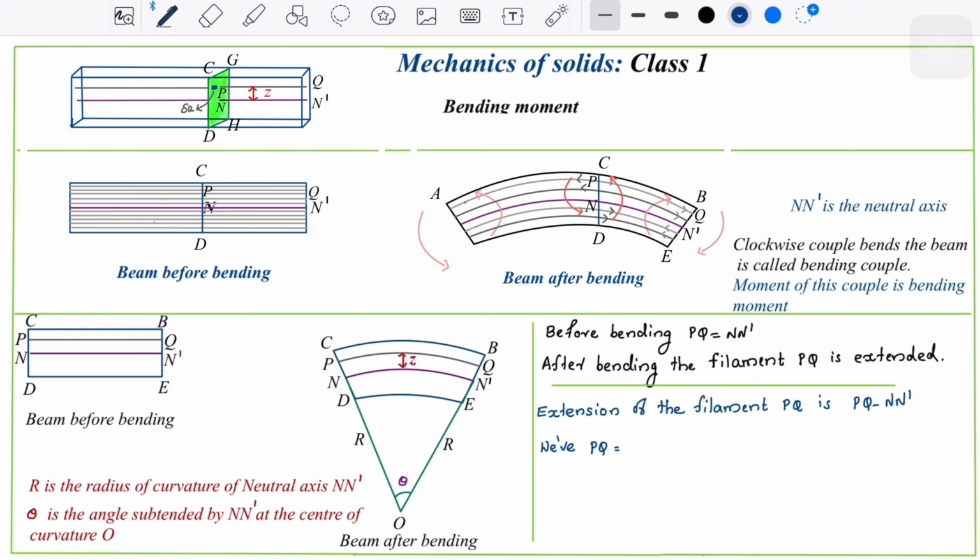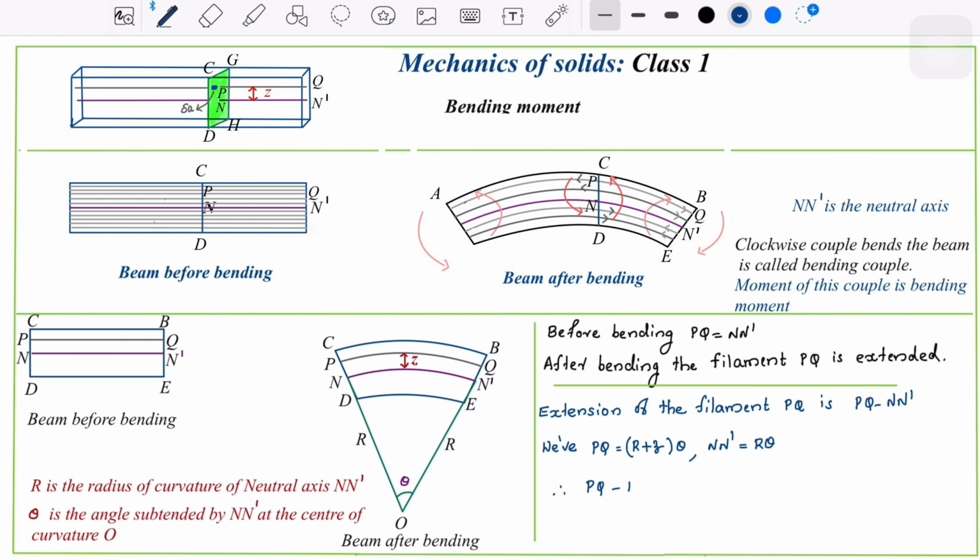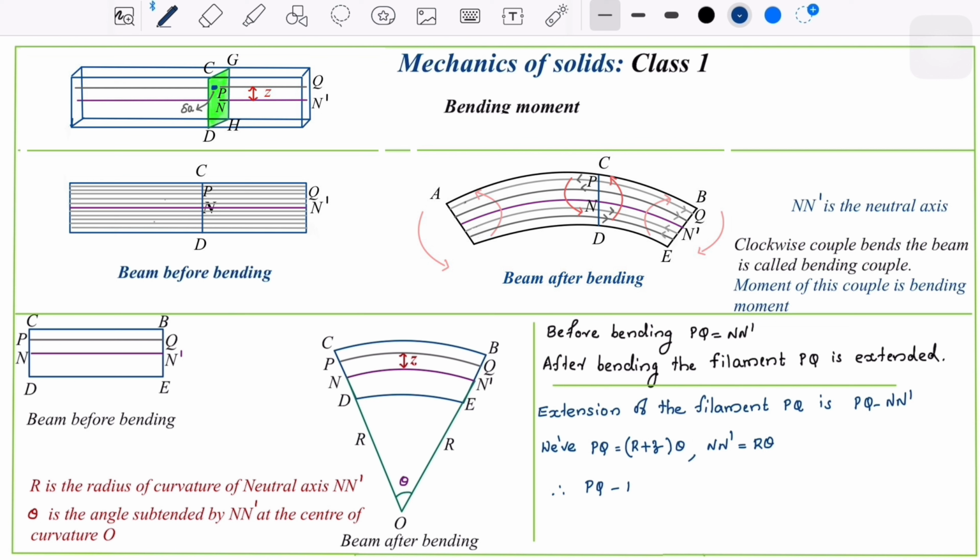We have PQ is equal to R plus Z into theta, and N dash is equal to R theta. Therefore, the extension of the filament PQ is PQ minus N dash, that is equal to R plus Z into theta minus R theta, that is equal to Z theta.